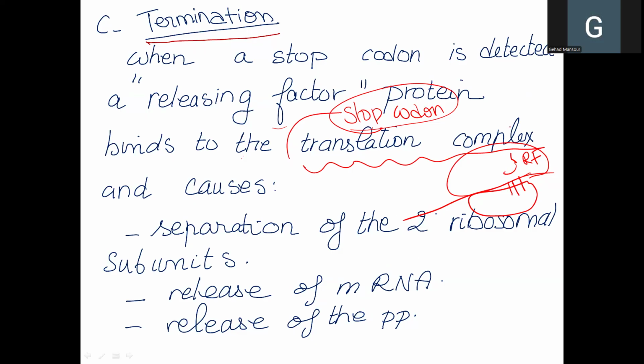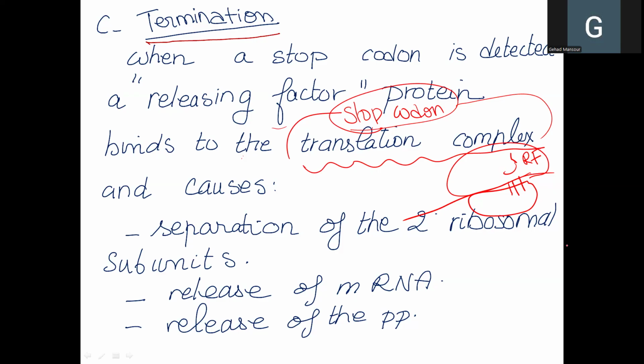This is the translation complex. Of course, there are other proteins that help this process of termination other than the releasing factors, but they are outside the scope of your curriculum.